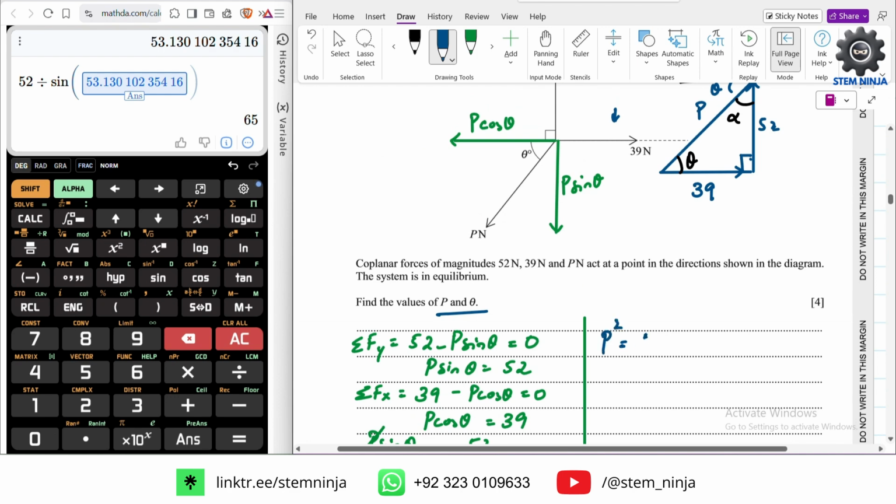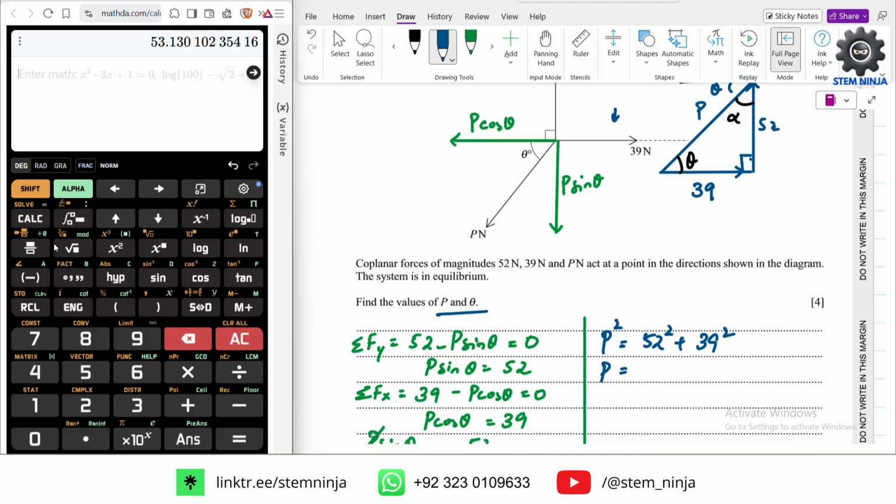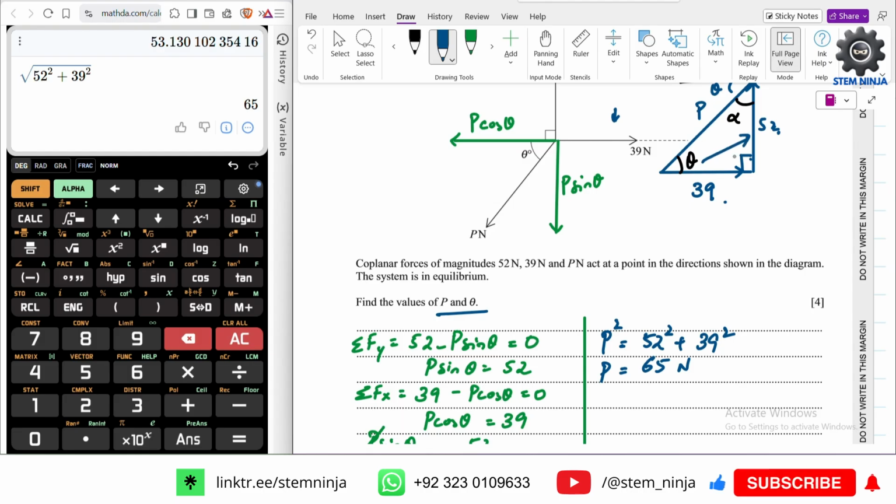P squared is equal to 52 squared plus 39 squared. This would get us p to be the square root of 52 squared plus 39 squared, 65 newtons. And now we can find this. We have the values 52, 39, and this is opposite to that.